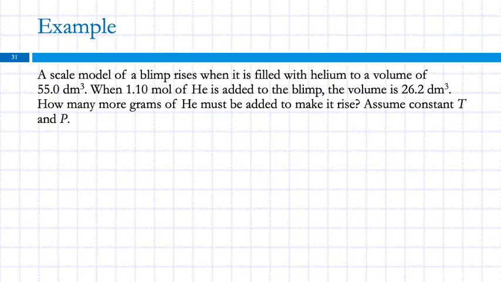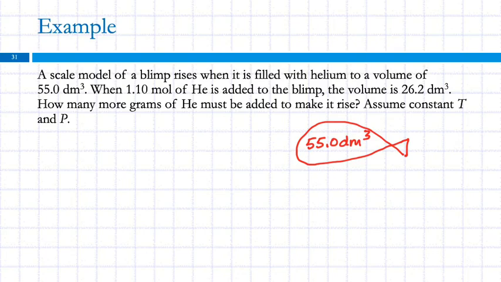So a scale model of a blimp. I'm going to make my blimp red. There. Pretty, right? Terrible. It's going to float when it has a volume of 55 cubic decimeters. Well, that's a weird unit.